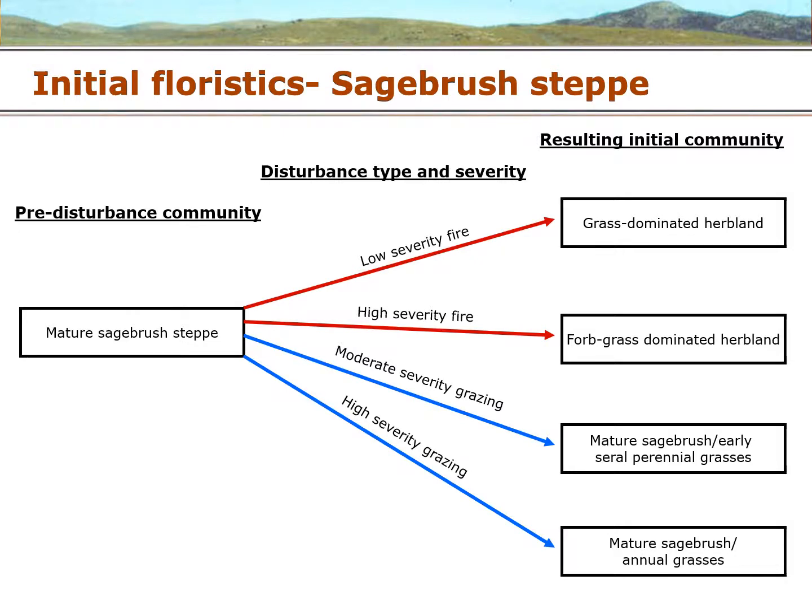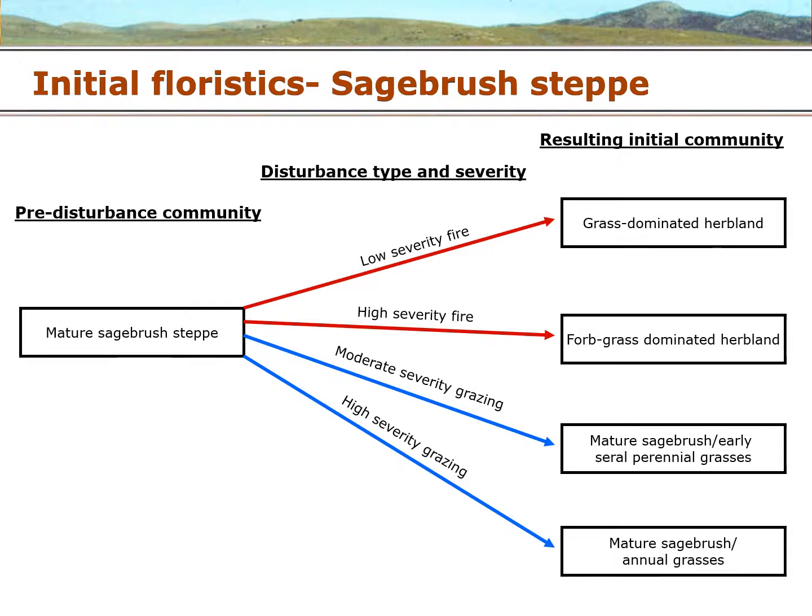Remember that sagebrush is very sensitive to fire, high mortality of sagebrush. If we have a high severity fire, we might have a higher grass mortality, and of course the high sagebrush mortality, and we'll end up with more of a forb grass-dominated herbland.